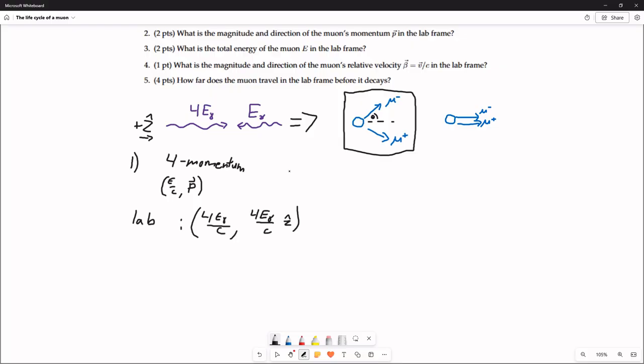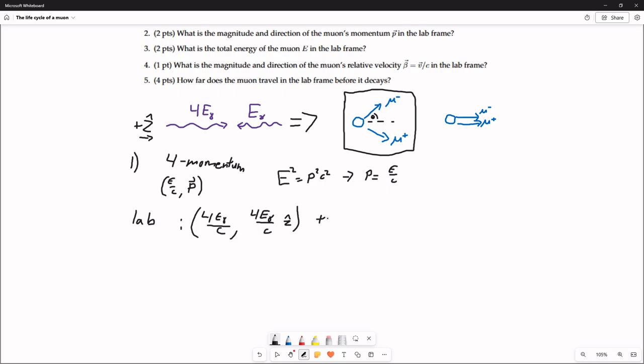Gamma rays are light. We have no mass, which gives us E squared equals p squared c squared, or momentum equals E over c.